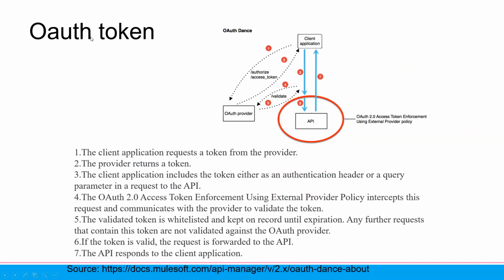So OAuth token means we are giving a token. Nowadays, people use this token to verify your ID or your social media. It means the client application needs to request the token. So what we are going to learn today is how to request a token. After you request a token, you will have the token and you will put it into the client application.